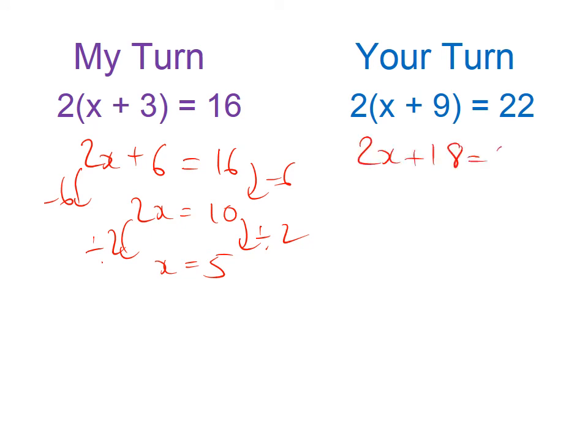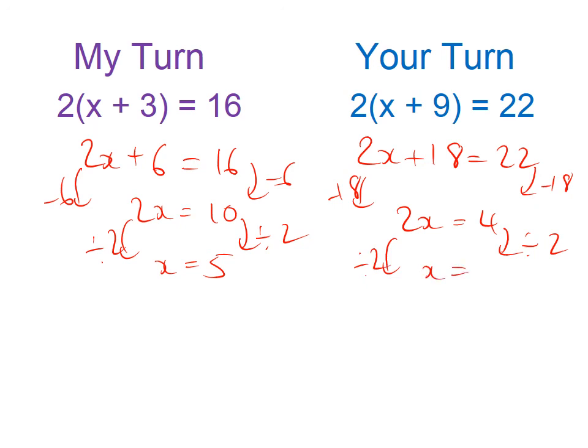That's really important. Then we're taking 18 away from both sides to give us 2x equals 4. We're now dividing both sides by 2 to give us x equals 2.